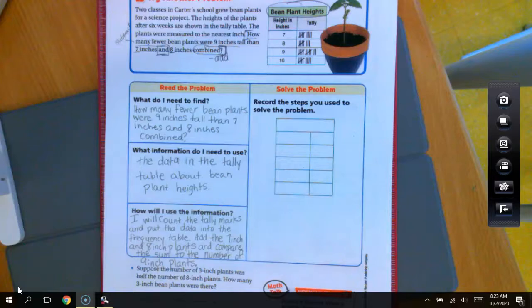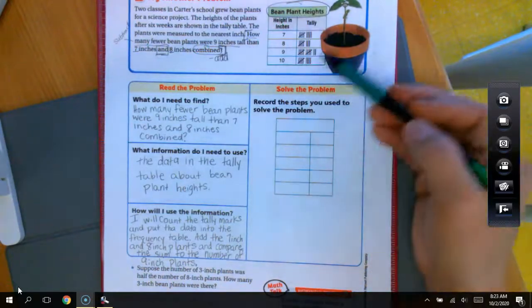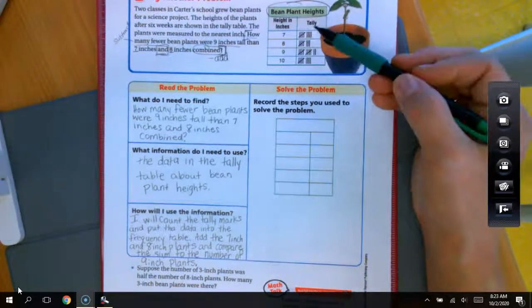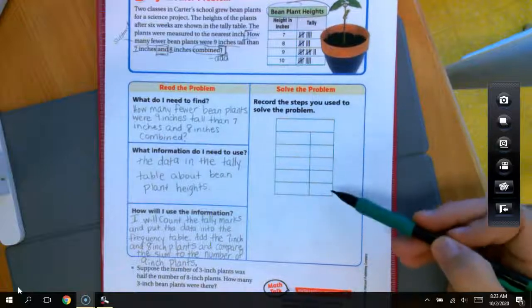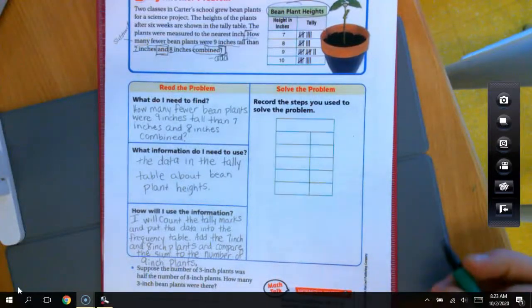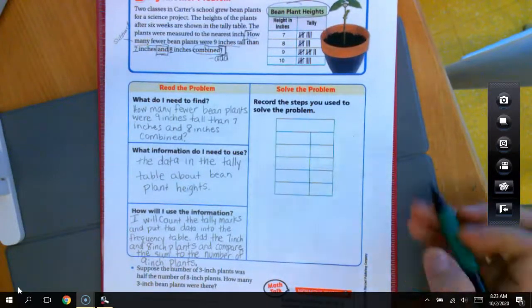I showed you the tally table, tally marks, and the frequency table. And both tables had the same information. So that's what we need to make sure we have. If we're talking about bean plant heights, whether it's a tally table or a frequency table, I have to make sure I have the same information.